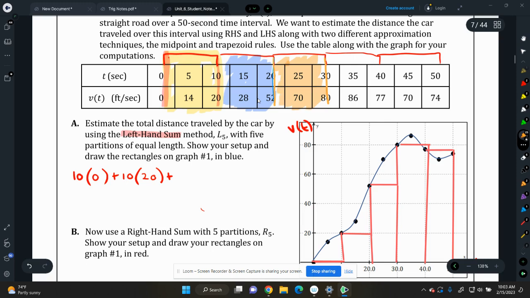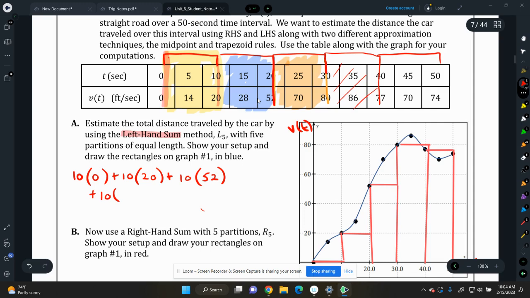So it's got a width of 10 again. What's the height of that third rectangle? It's a left-hand rectangle, so I'm looking at the left side of the rectangle, so it is 52. Plus, the next rectangle also has a width of 10. What's the height of that rectangle?